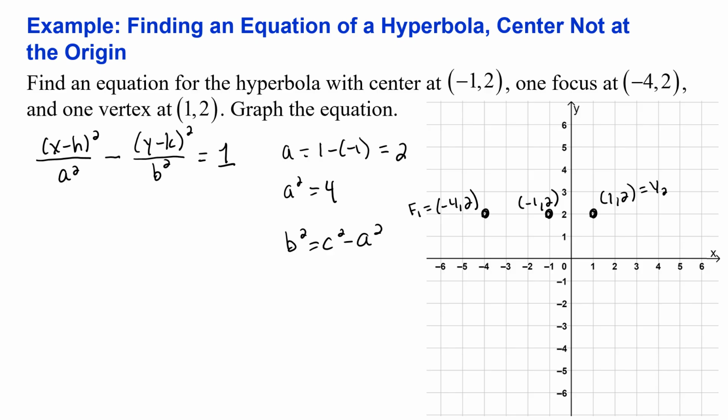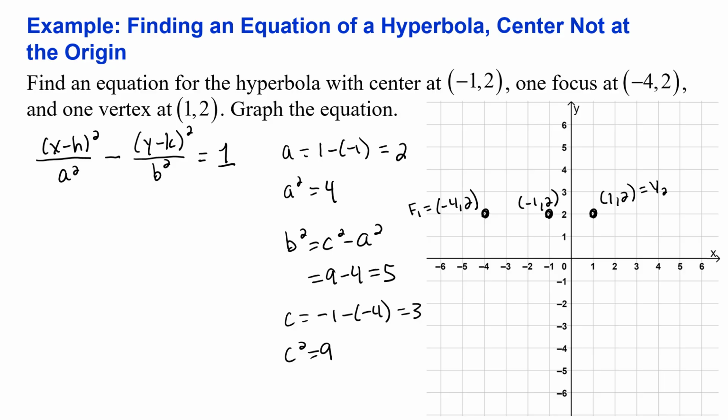Since the center is at the point -1, 2, and the given focus is at the point -4, 2, then c is the horizontal distance between these 2 points, which is c equals -1 minus -4, or 3, thus c squared equals 9. So to complete our calculation of b squared, which is c squared minus a squared, we have 9 minus 4, which equals 5.